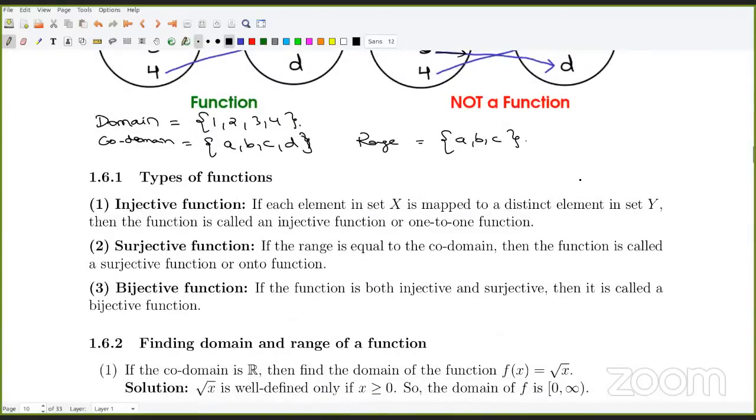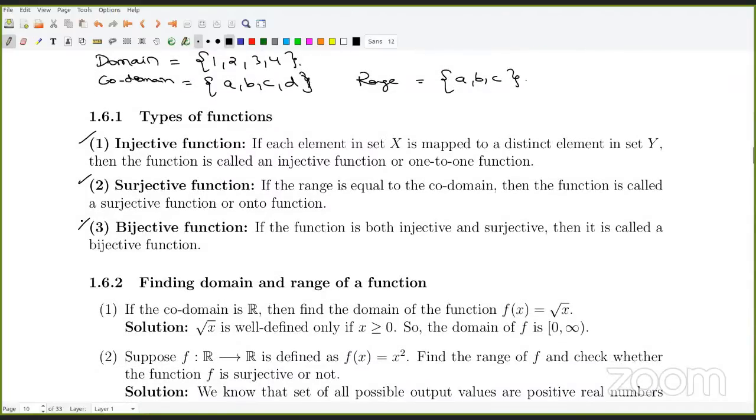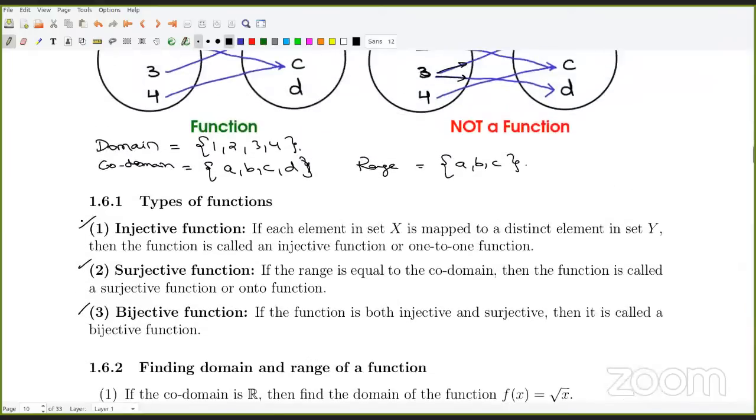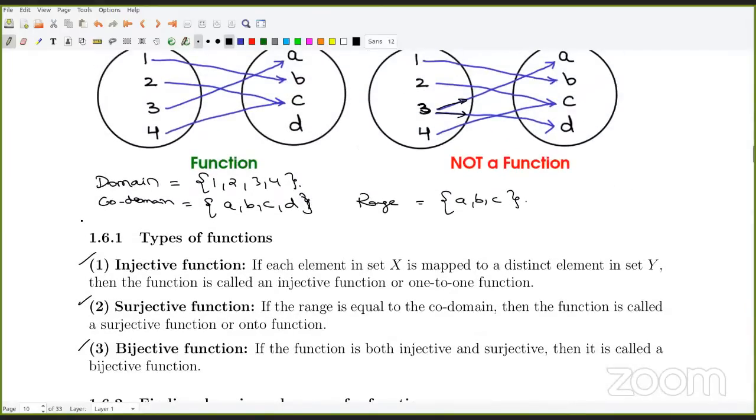If that particular output is distinct for every different input, that is called injective. So there are injective, surjective, bijective, but it is not that important now. So you don't need to worry about this too much. But injective function means if in a function, for every different input I get a different output, then that is an injective function.